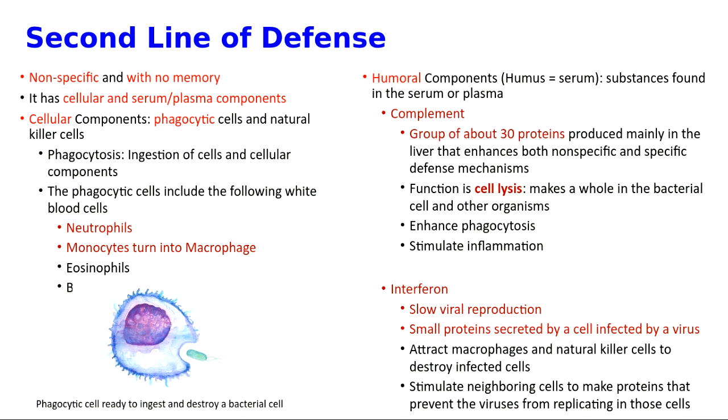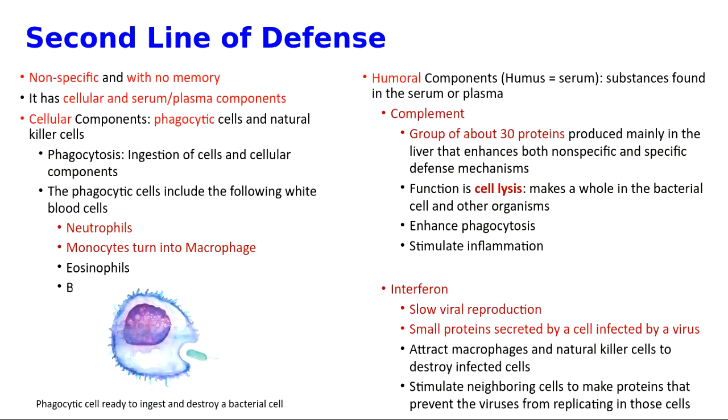If they just see a cell, like a cancer cell, that looks very different, they are going to kill that cell. So we have the phagocytic cells and the natural killer cells. The phagocytic cells, again, are the neutrophils, monocytes in blood, but they turn into macrophages in tissues, eosinophils, and basophils.